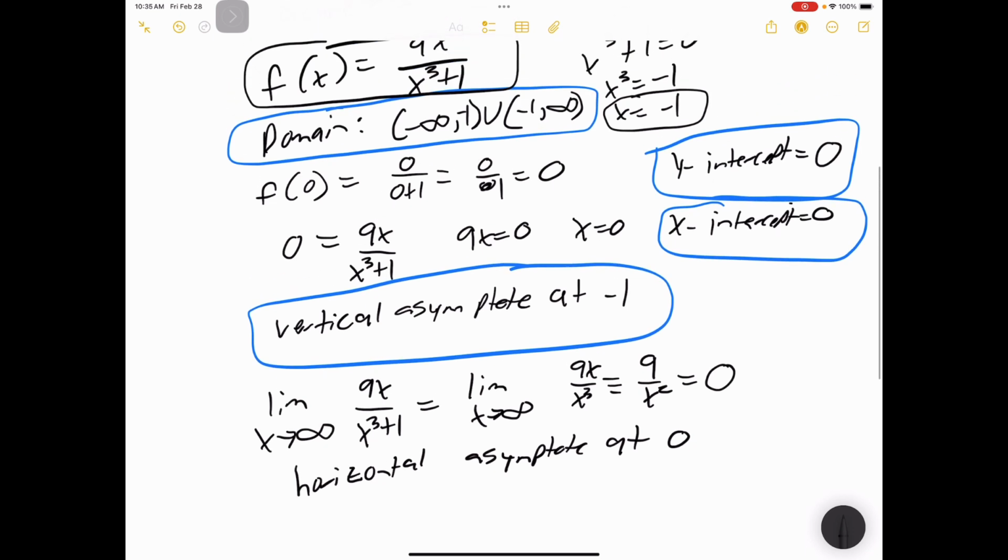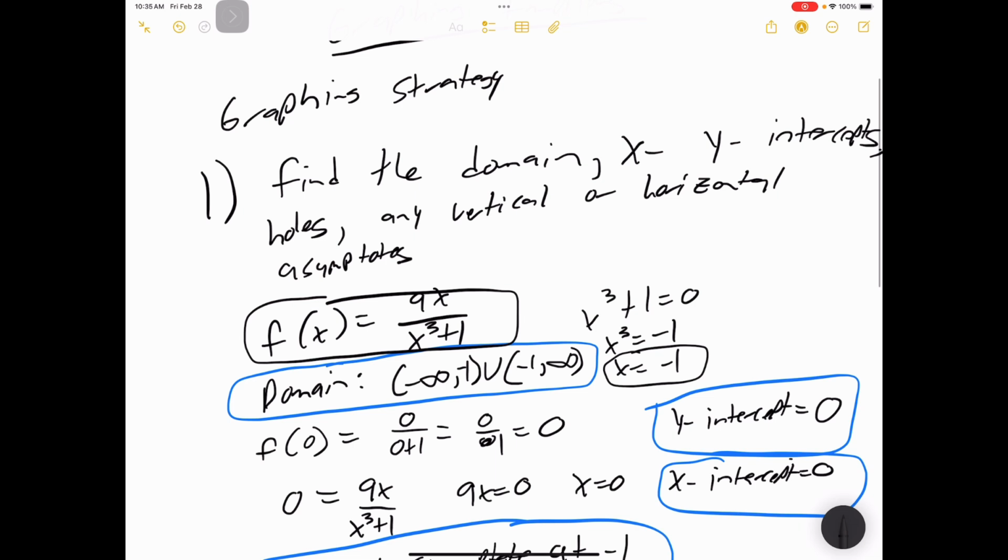Awesome. So continuing, we have our asymptotes, we have our domain, we have our intercepts, we have our holes.